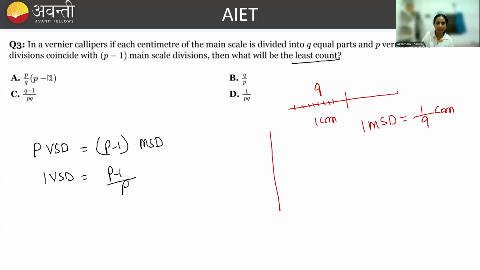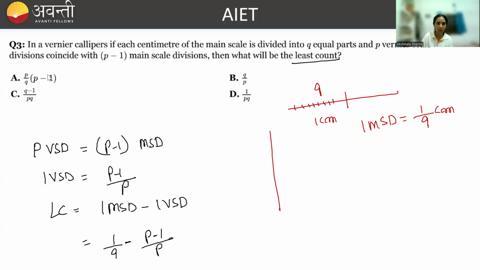Because we have to calculate the least count, and least count is equal to 1 MSD minus 1 VSD. So 1 MSD is equal to 1 by Q, minus 1 VSD, that is P minus 1 by P.